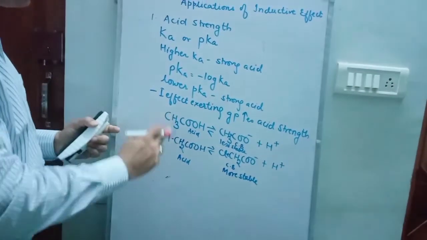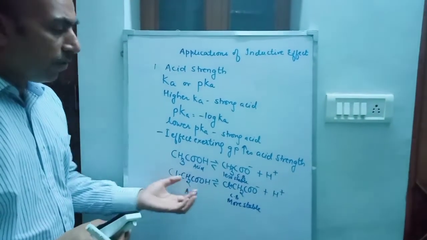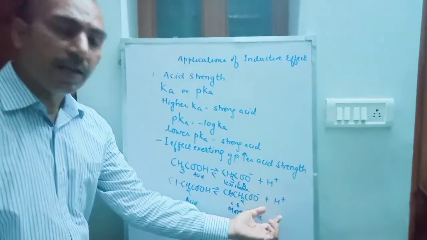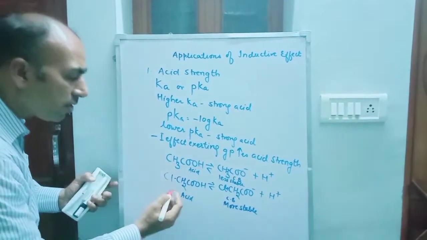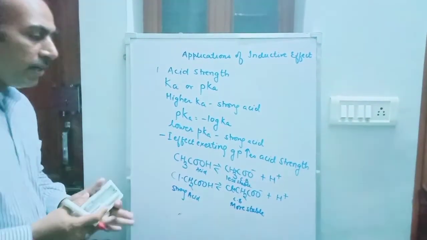Out of these two acids, the case where the ion is more stable, the acid will readily dissociate to give that ion and simultaneously H plus ion. Out of these two, chloroacetic acid is the strong acid. Why is it strong?